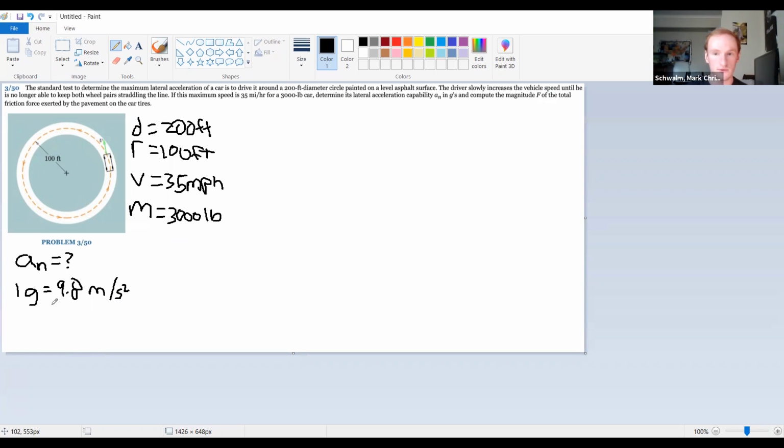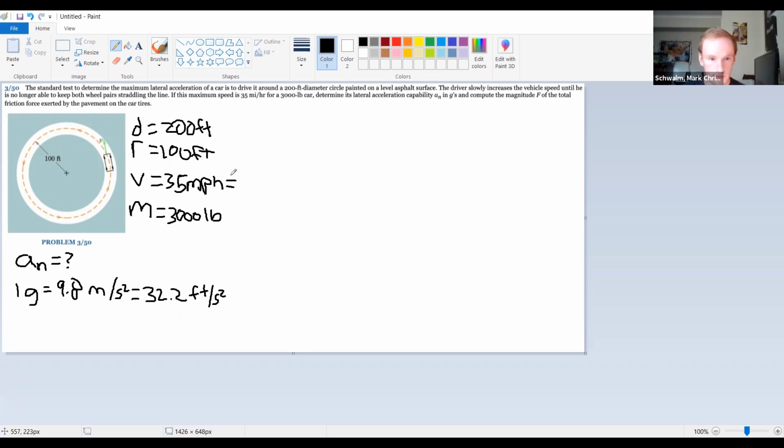You can do the unit conversion, or you can just remember that 1G is also equal to 32.2 feet per second squared. That also means that we're going to want to switch this miles per hour to feet per second. So we can go ahead and do that real quick.